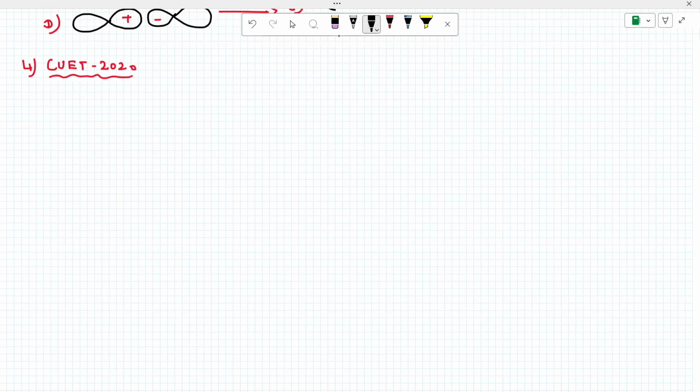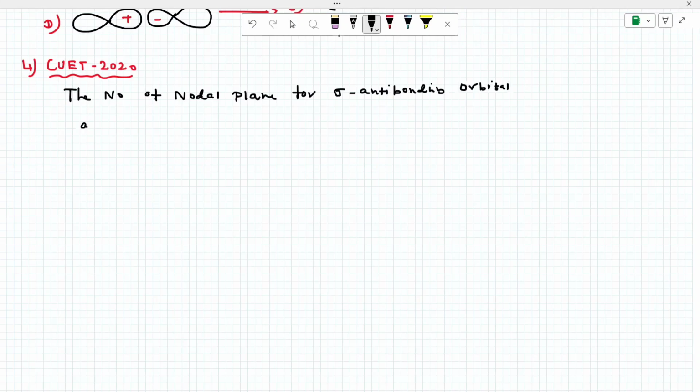The number of nodal planes for a sigma antibonding orbital. Option A 0, option B 3, option C 2, option D 1.